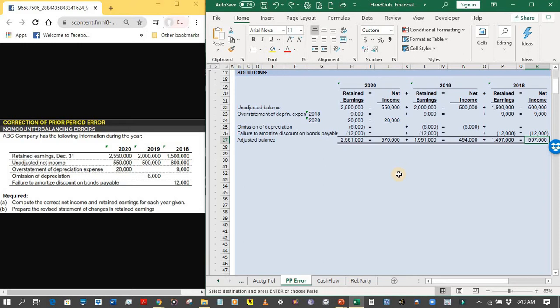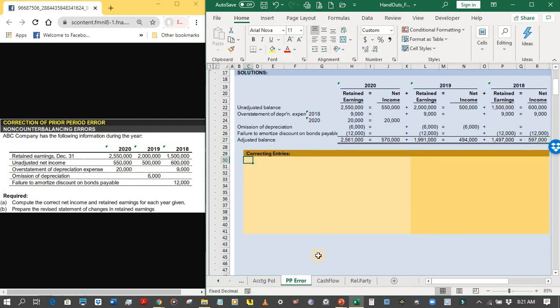And those assumptions are if the 2020 books are already closed or the 2020 books are not yet closed. So we are going to prepare the entries for both scenarios. So let us now prepare the correcting entries that will be made in 2020. Again, since the current year is 2020, these correcting entries will be prepared as of December 31, 2020.